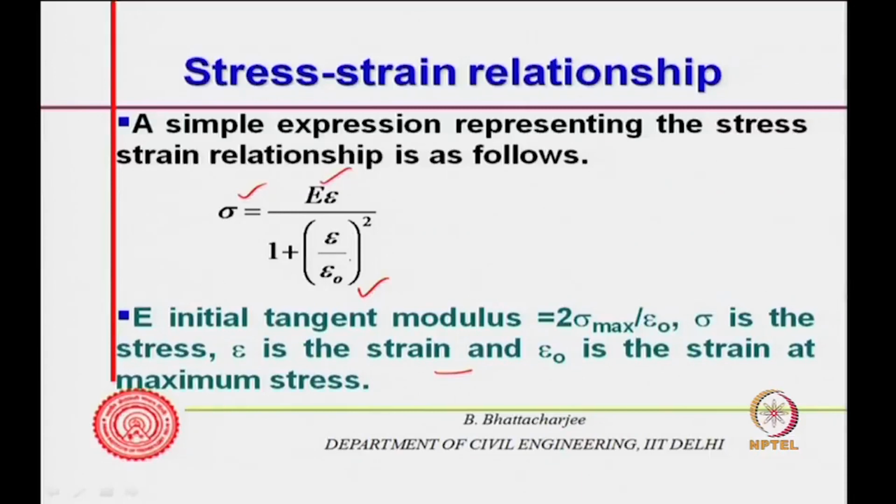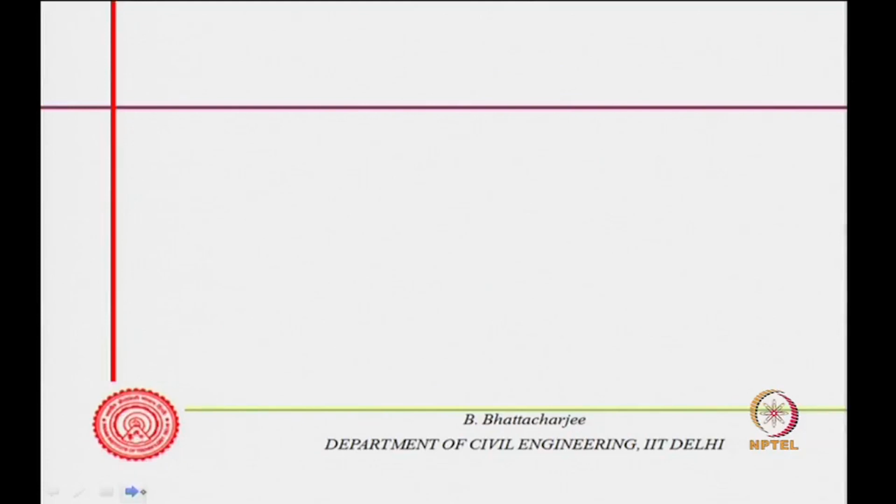So, this sort of formula is available through which you can define the stress strain curve, and there are complex formulae also available. So, this was the stress strain curve of concrete.